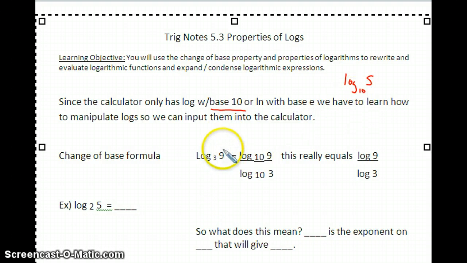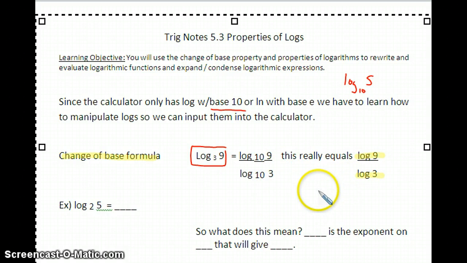If I ask you to put something like log base 3 of 9 in the calculator, you can't do that. But what you can do is use the change of base formula to use the calculator. So you would type it in the calculator like this: log of 9 divided by the log of 3. Because really, it's the log base 10 of 9 and log base 10 of 3.